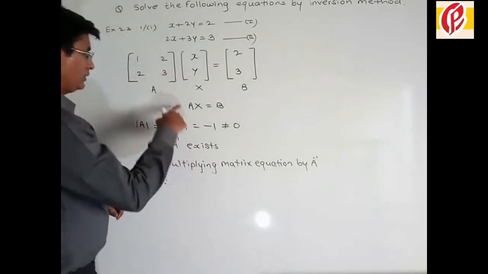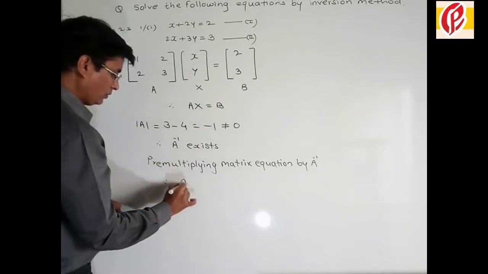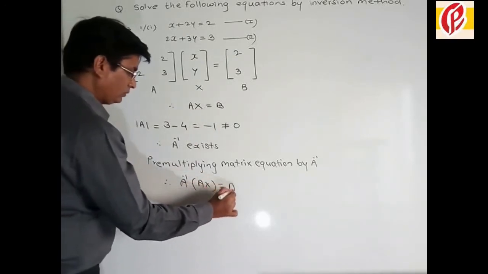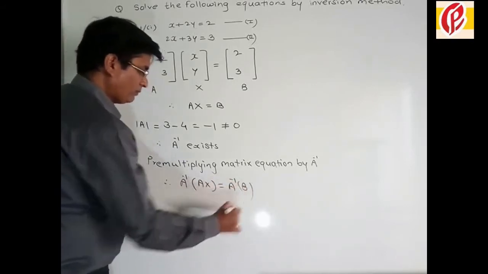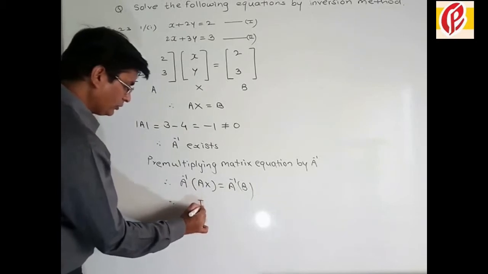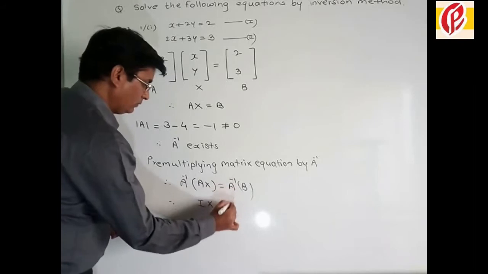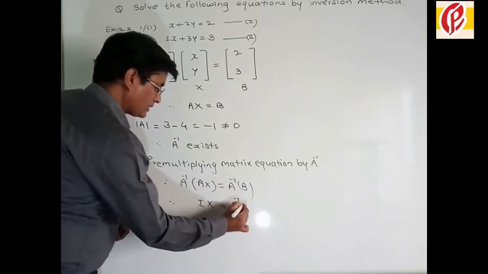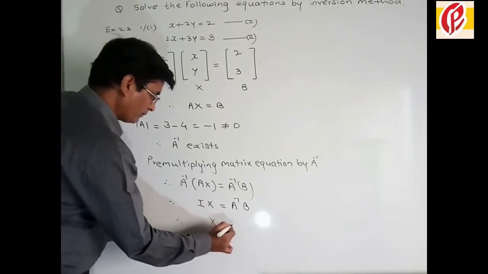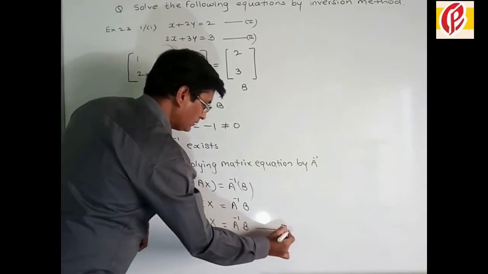So A inverse into AX is equal to A inverse into B. You know that A inverse into A is unit matrix. So I into X is equal to A inverse B. So X is equal to A inverse B, and we get the third equation.